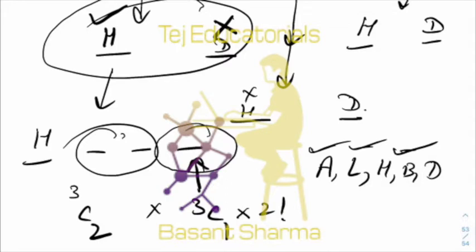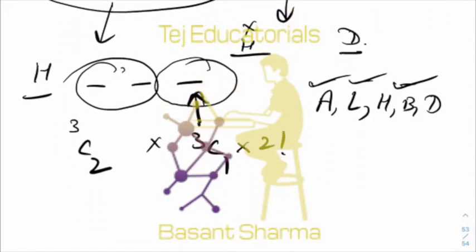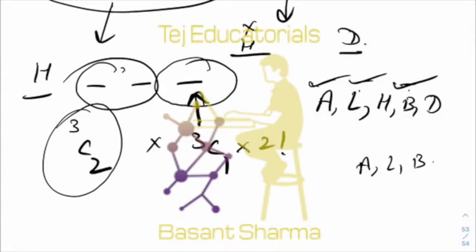Because this is the wrong logic: if you do 3C1 ways to select the last letter out of the three available letters A, L and B, and then select two letters from the remaining three, which exclude H and the one used at the last place, and now you try to do 3 factorial, then that is a problem.